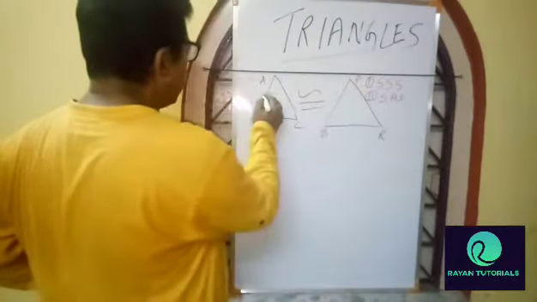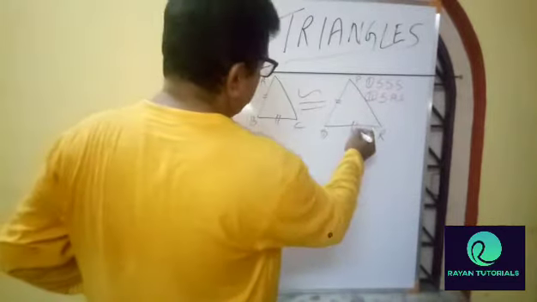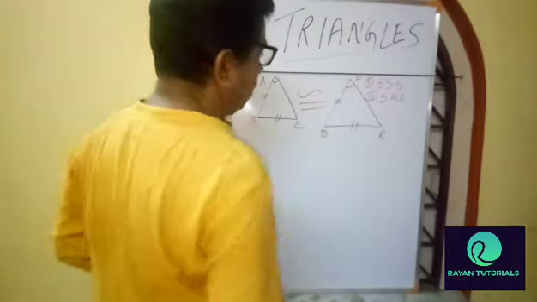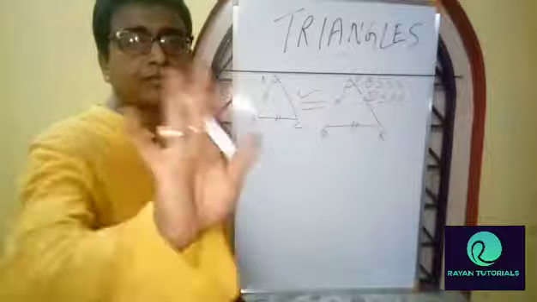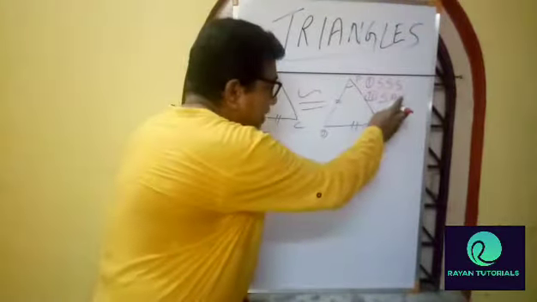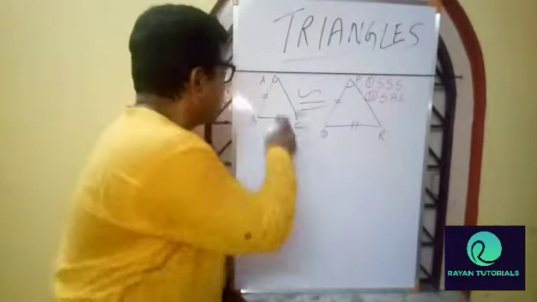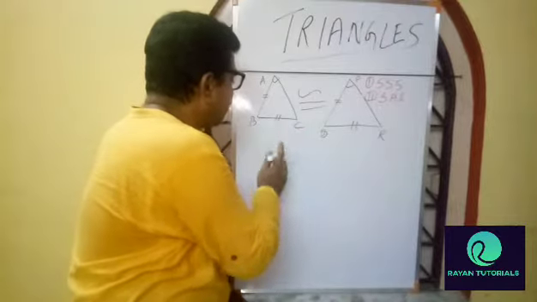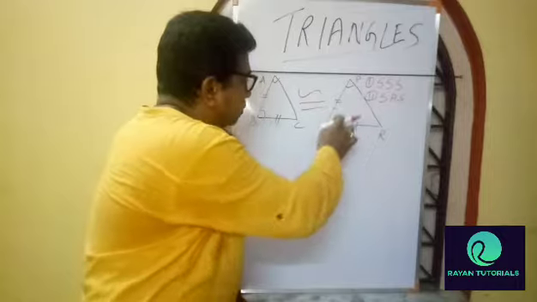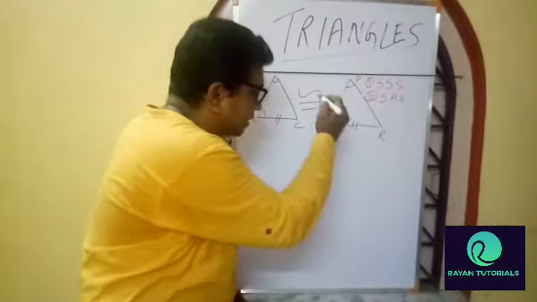Suppose this side is equal to this side, and this angle is equal. I cannot say ABC is congruent to PQR, because in SAS the angle should be in between the two sides. These are the two sides, PQ and QR. The angle between the two sides means this angle.